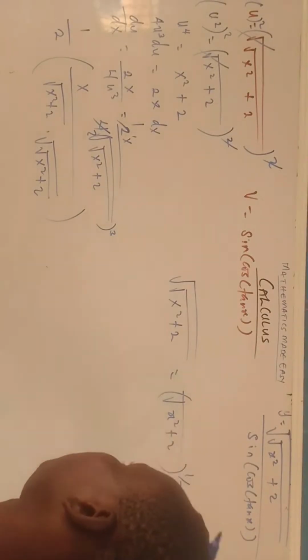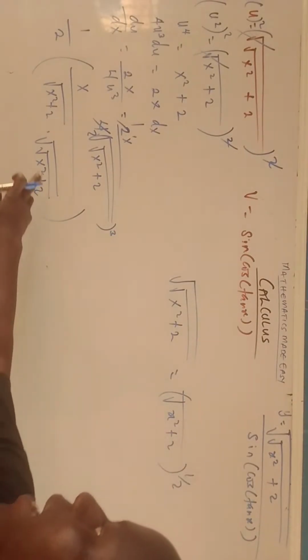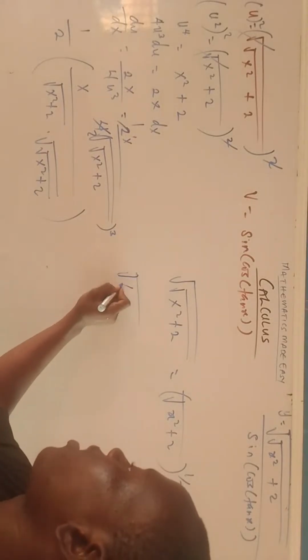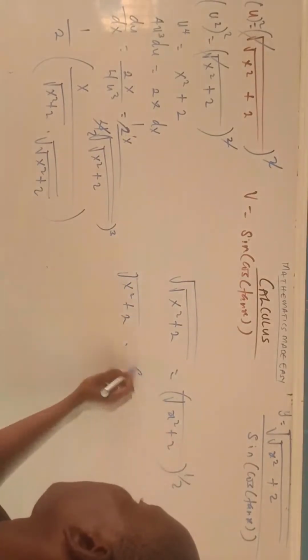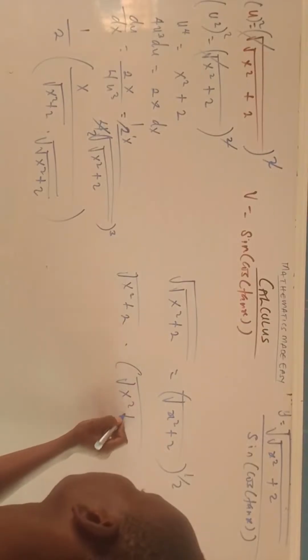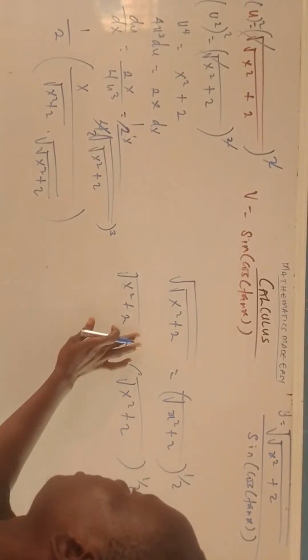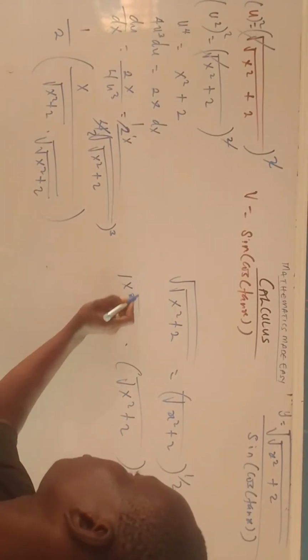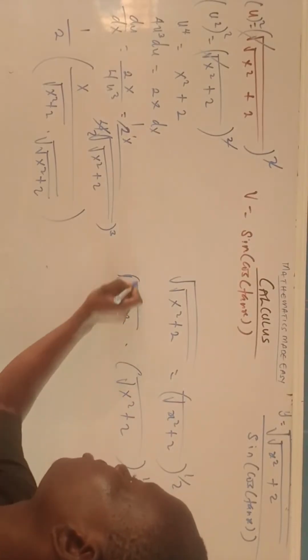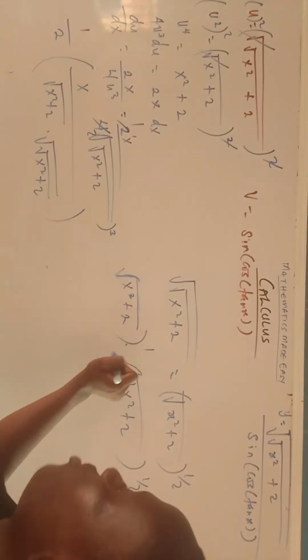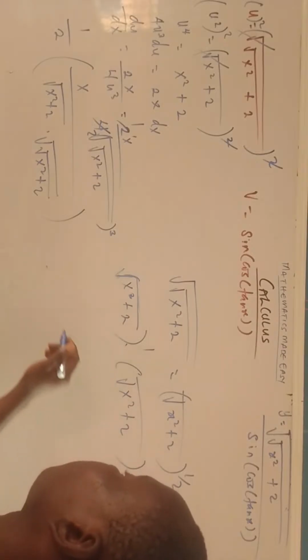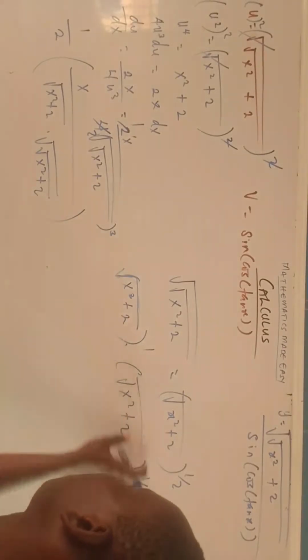So I can now rewrite this as the square root of x squared plus 2, multiplied by x squared plus 2 raised to the power of 1 over 2. This is the square root raised to the power 1, and this is the square root raised to the power half. So according to the law of indices, we can add the exponents.